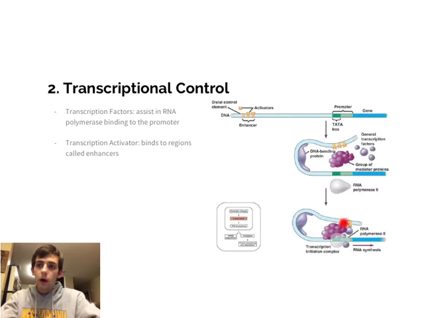Those two, the activators and the RNA polymerase, are attached through something called mediator proteins, and then transcription can occur. So why do we talk about this? Well, our cells have developed a way to moderate how quickly these transcription factors and transcription activators attach to the specific regions on a gene that needs to be transcribed.